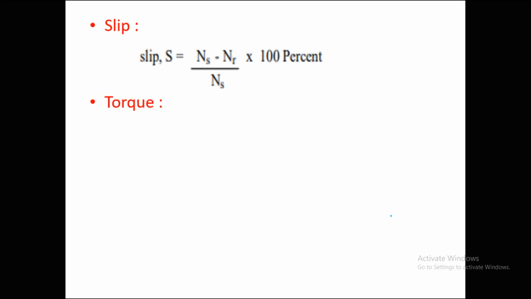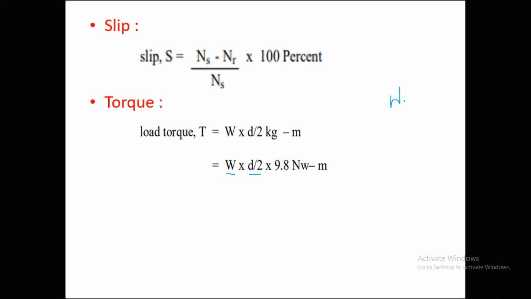And these are all the formulas for finding the parameters at the time of operating an induction motor. This is the formula of slip, and torque, by taking the value of the diameter of the brake drum, and also the wattmeter reading, that is input power.